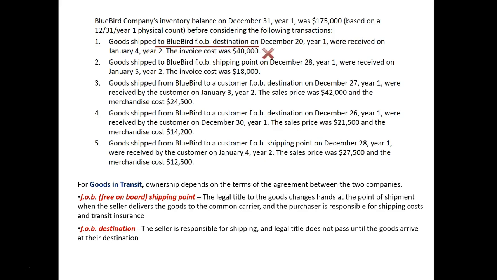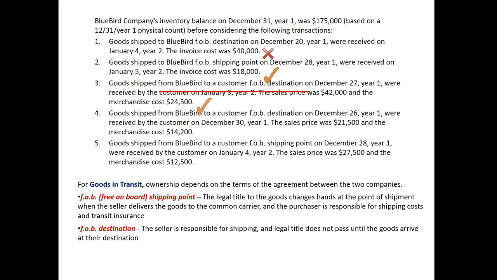The next one would be goods shipped to Bluebird FOB shipping point, so in that case they would be included. Third, goods shipped from Bluebird to a customer FOB destination don't get received by the customer until January 3rd.